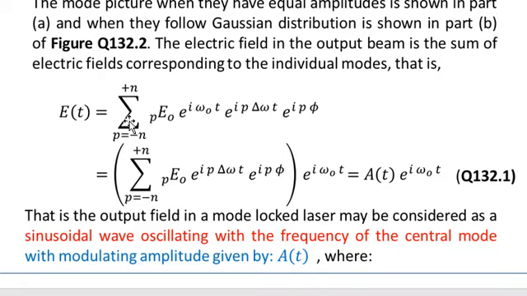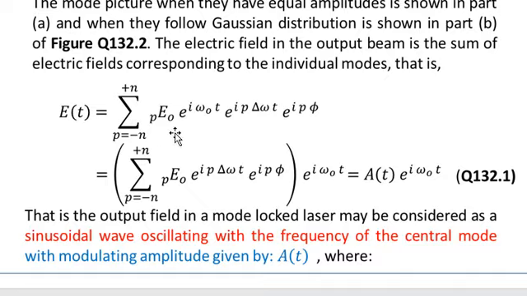And on the right hand side we have the summation over the parameter p from minus n to plus n, representing 2n plus 1 modes. Here you can see E naught with a subscript p, just to show that you can put a different subscript p, starting from minus n and going up to plus n. But this is only for the purpose of labeling.